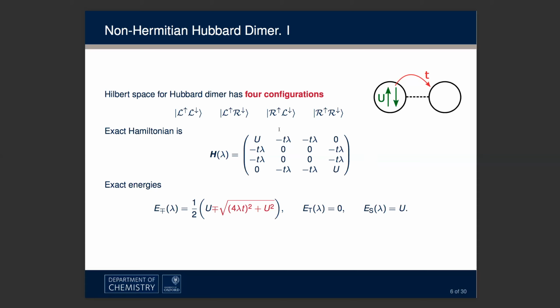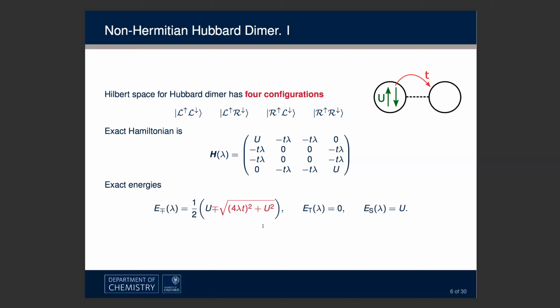So when lambda equals 0, this is a diagonal matrix, and the FCI energy is going to arise when lambda equals 1. And we can derive from this Hamiltonian the exact expressions for these energies. And you can see there's this pair of energies which have a square root term in terms of the t squared and u squared parameters.